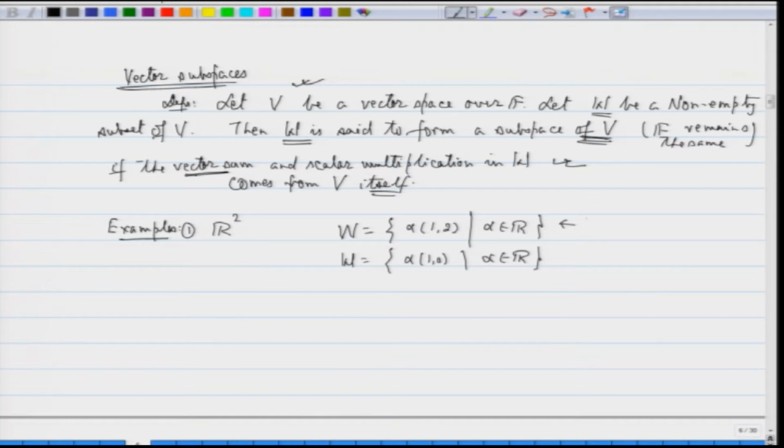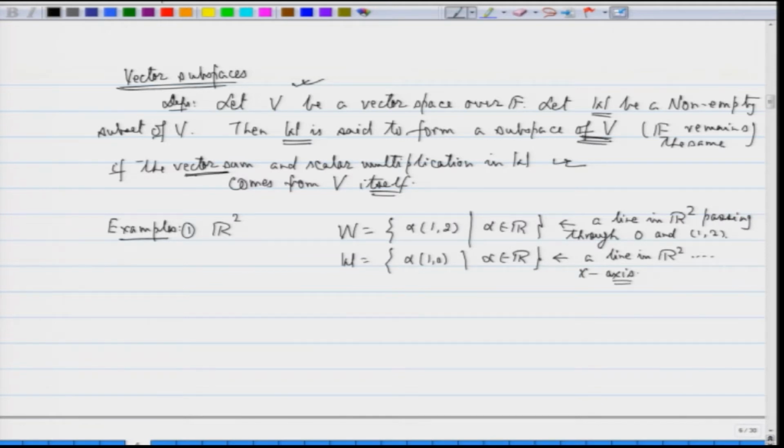This is nothing but a line in R2 passing through 0 and the vector (1, 2). And the other is a line in R2, basically nothing but the x axis.